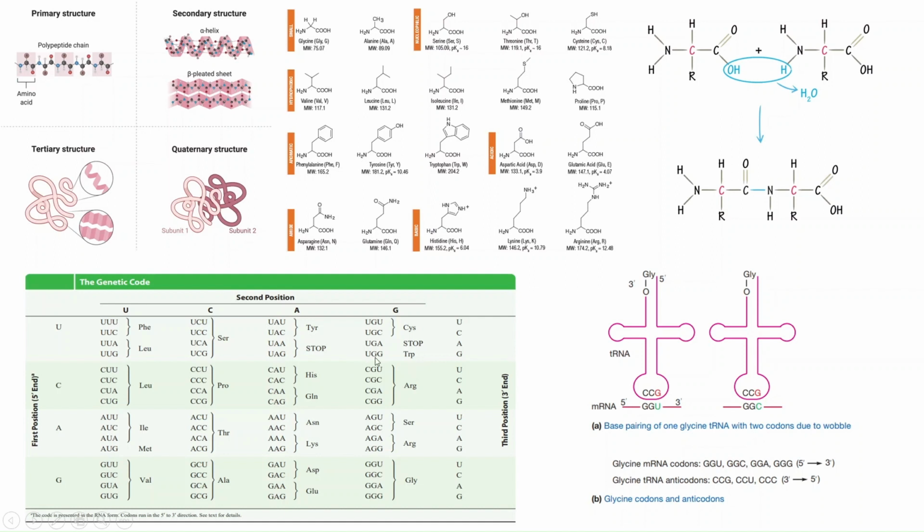So in the question that was given previously, whether it's tryptophan or methionine, they are coded by only one codon, whereas that's not the case for other amino acids. One triplet code will code for a particular amino acid only, whereas the vice versa case is not there. Like glycine can be coded by any of four codons. So this concept you have to keep in mind.